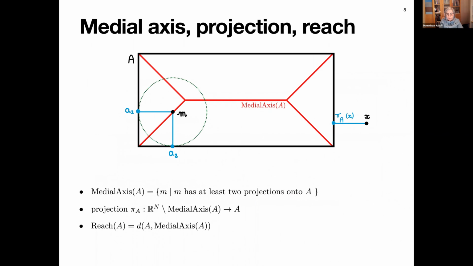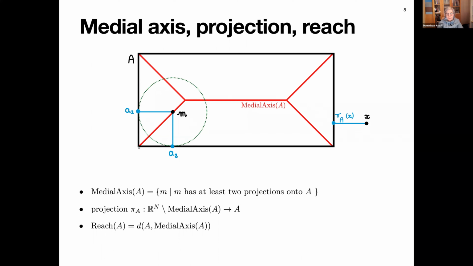Okay, there are some terms that are useful to shape reconstruction and that I'm going to introduce now. Given a shape A, here the boundary of this rectangle, which is a curve, the medial axis of a shape is the set of points M that have at least two closest points in the shape.